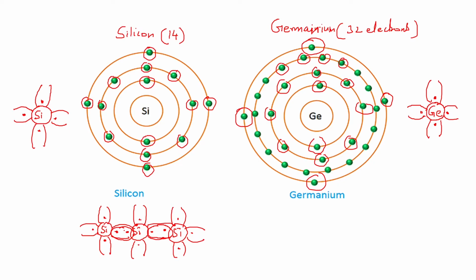Now these bonds which are made by the adjacent atoms' valence electrons, so 2 valence electrons will combine with each other to make a bonding, and that bonding will be called a covalent bond. That covalent bond is very important, because at a higher temperature, if the temperature increases, one of the electrons can break the bond and come out.